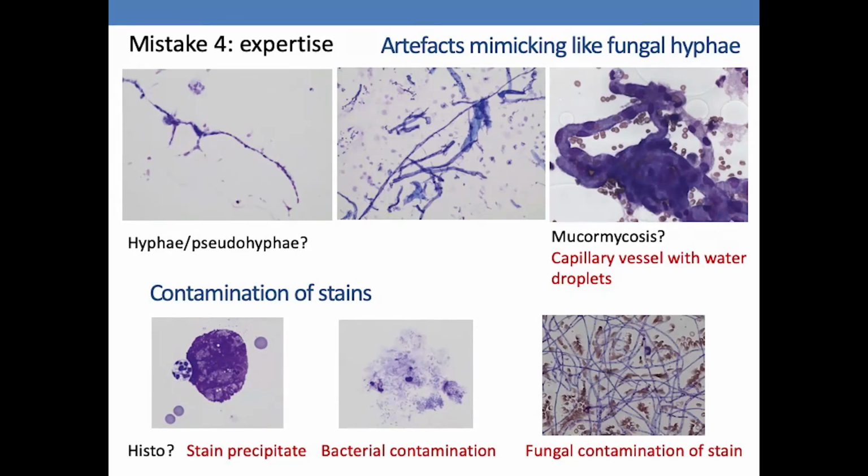I'm saying these things because so many times microbiologists make this mistake. What is it? You can see small yeast cells and all this. This is just a bacterial contamination of the sample. These are all bacteria.